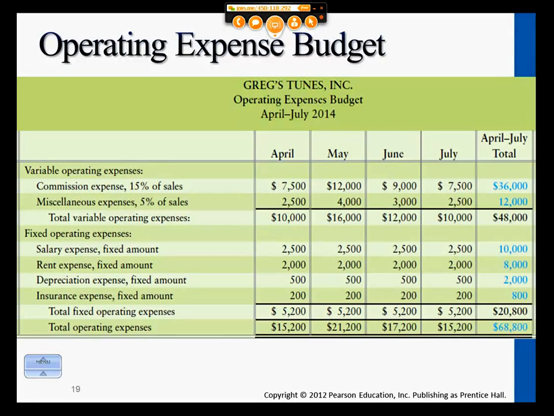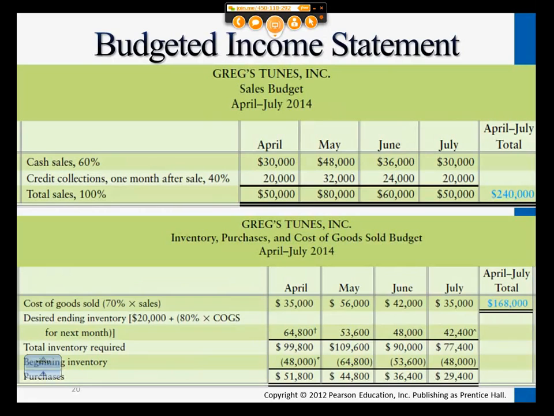All right. So let's look at the bigger picture. Budgeted income statement. So in my sales budget, I found the total sales, right? The next part is inventory purchases and cost of goods sold. Again, I did some calculations, maybe following some of the company policies, right?